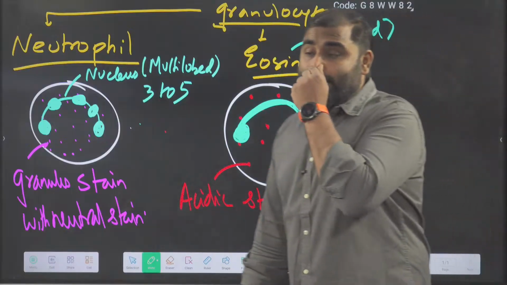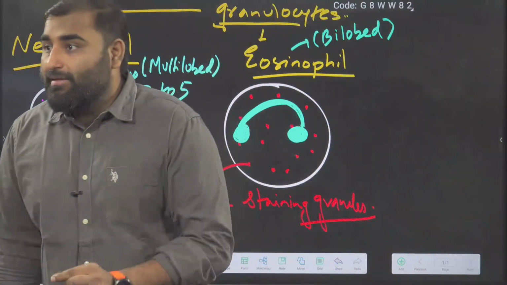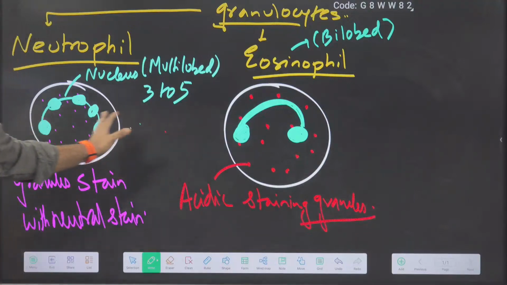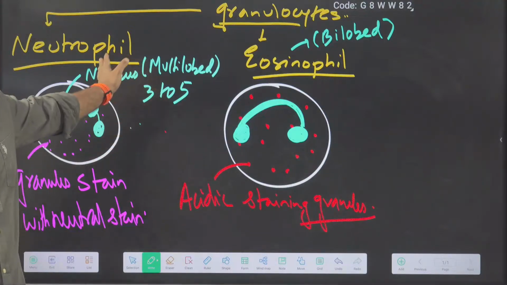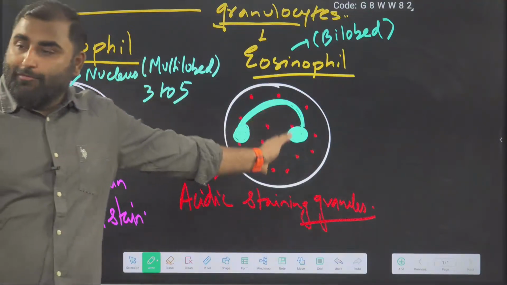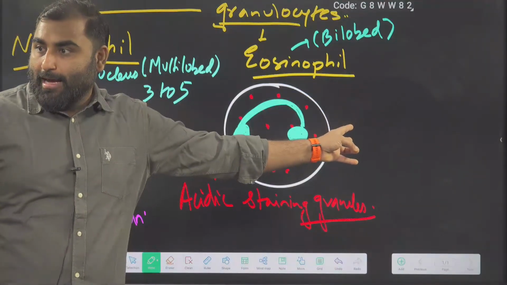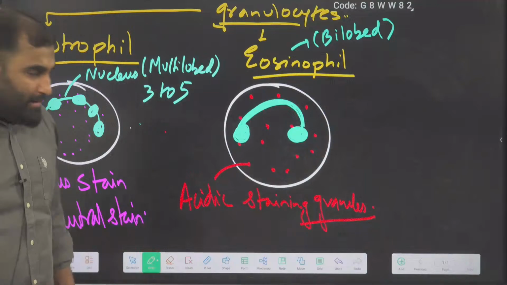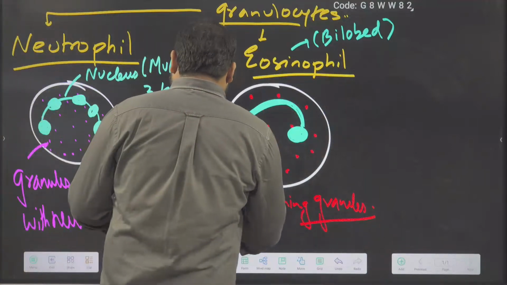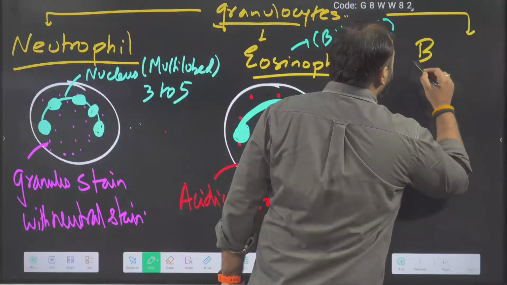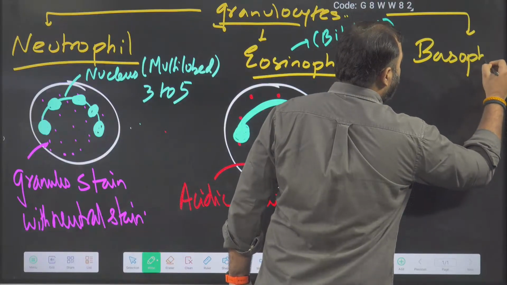Very interestingly, when you are observing in the microscope, if you observe a multi-lobed nucleus, you will count it as a neutrophil. If you observe a bilobed nucleus, you will count it as an eosinophil. And then the last type in the granulocytes will be the basophil.